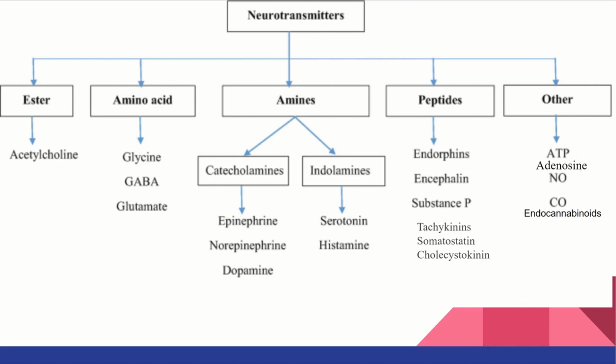Moving on to the peptides, we have endorphins. These are found in the central nervous system. They're generally inhibitory, and their main goal is to inhibit pain. So they prevent pain messages from reaching the brain. Morphine, heroin, methadone, all of those mimic endorphins.